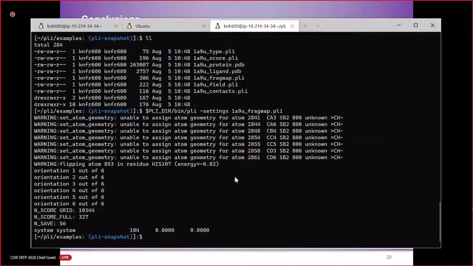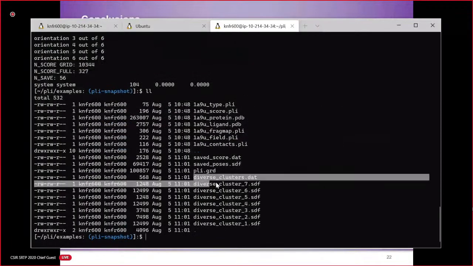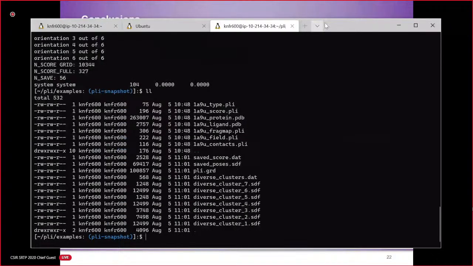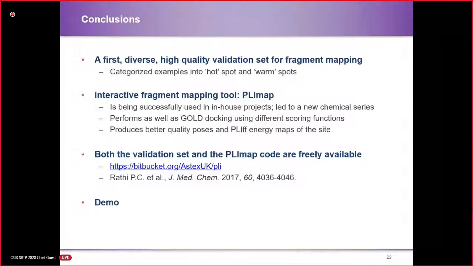Yeah. So this runs here, and this generates some poses that you can again see in the visualizer that I showed you before.